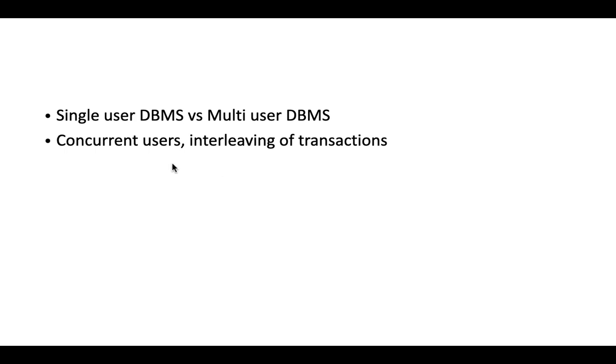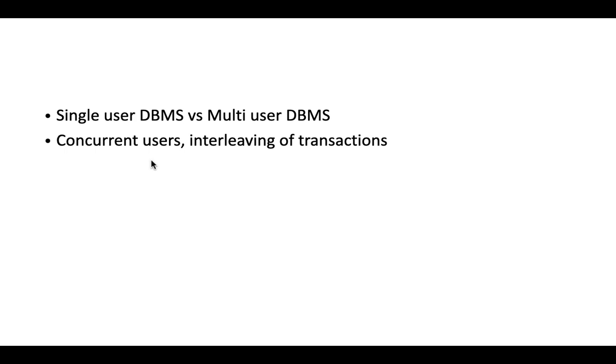Concurrent users means multiple users who are trying to interact in the system at the same time. Interleaving of transactions means different users are trying to buy a product or book a particular ticket, or they all are trying to access the same database, and everyone should get a feel that their service is not stuck.